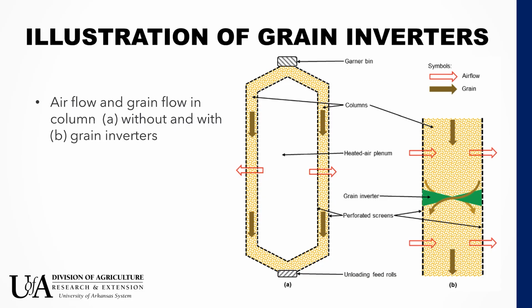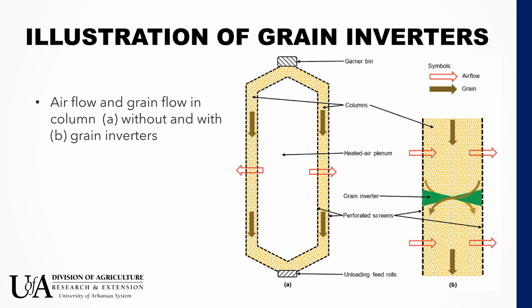Figure A there is a case where we have the grain flowing through the columns without the inverters, and you'd have non-uniformly dried grains at the bottom. In figure B here, we have a case where we have the inverters installed somewhere midway within that column. And as you can see in this figure, because of the inverter, the position of the grain as it flows is changed as it passes through the inverter.